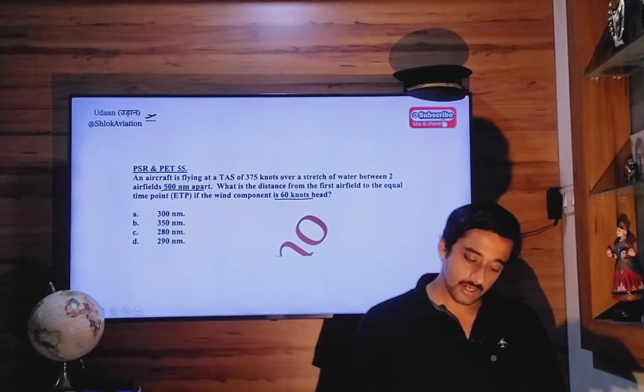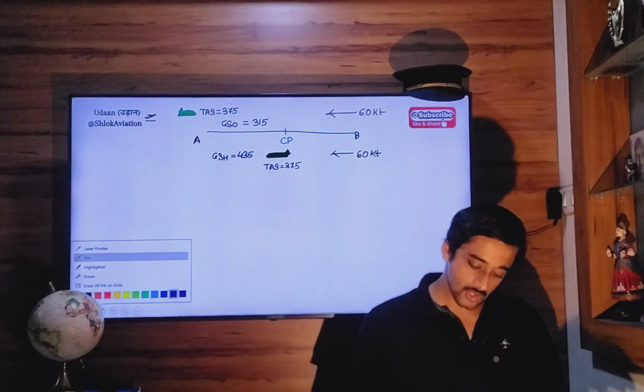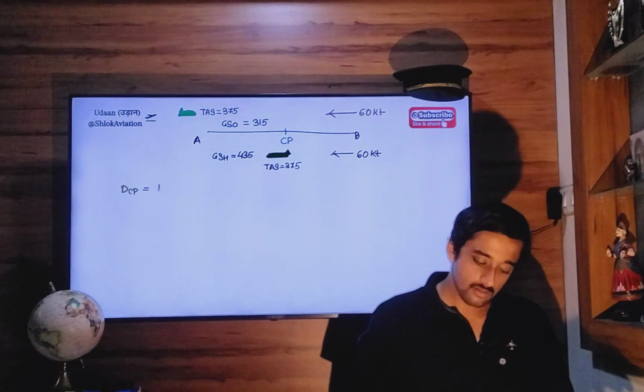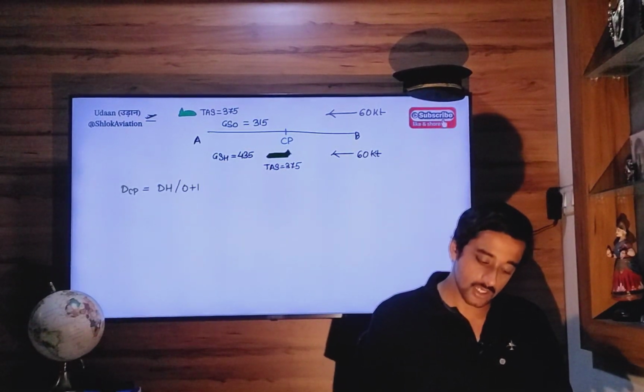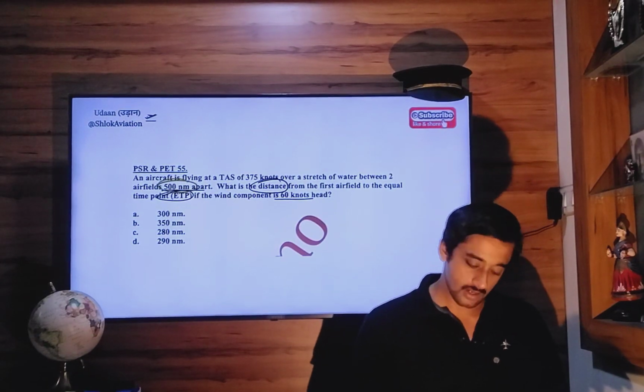So we have to find the distance to the point of equal time. The distance to the point of equal time will be D into H divided by O plus H. What is the total distance? 500.